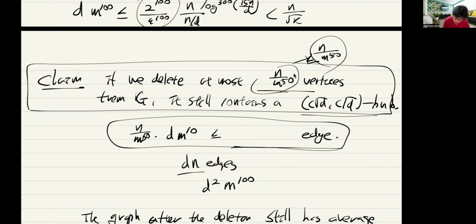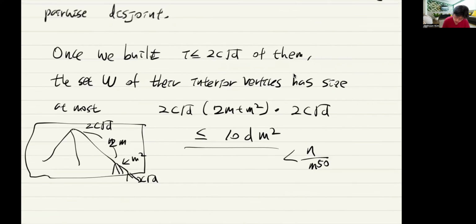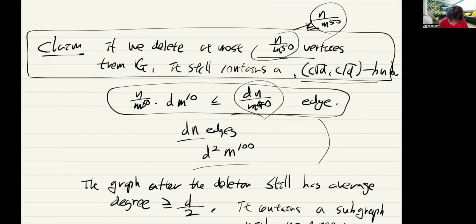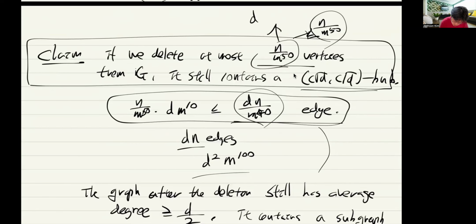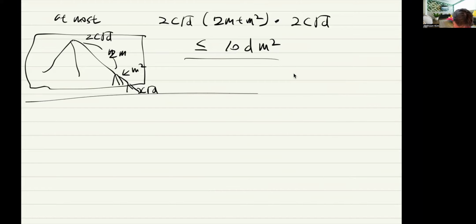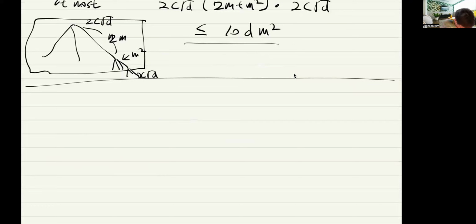Then you have deleted far less than Dn edges. So the previous thing holds. Either one is fine, this or this. So this is smaller than D times M to the 50. So after deleting this, we still have a hub.